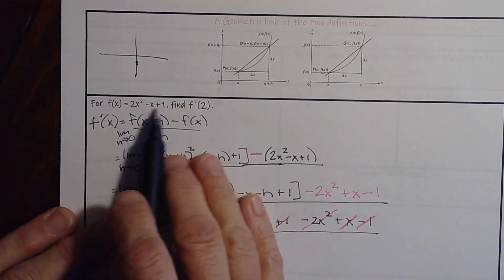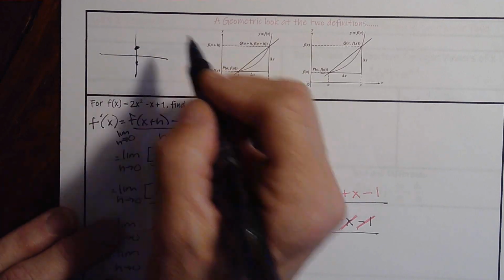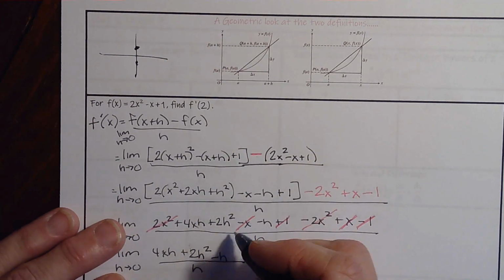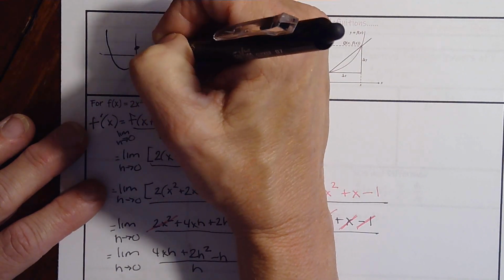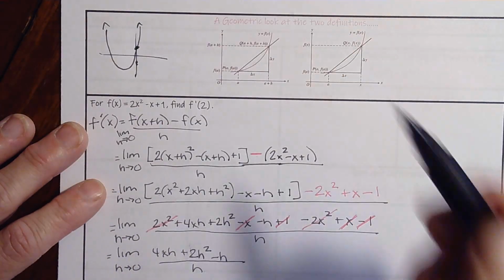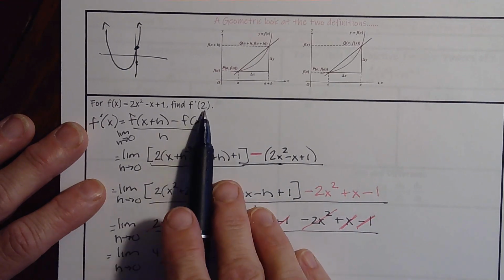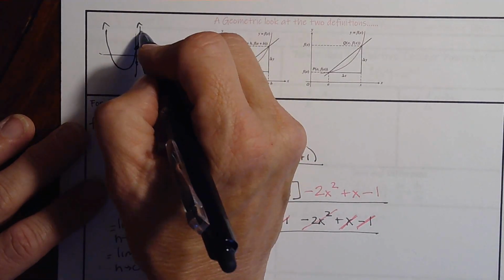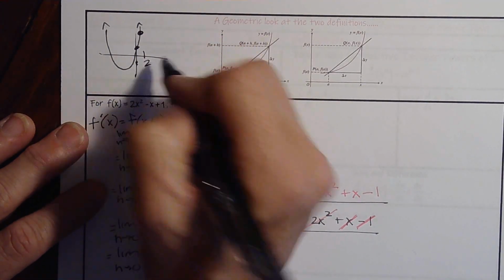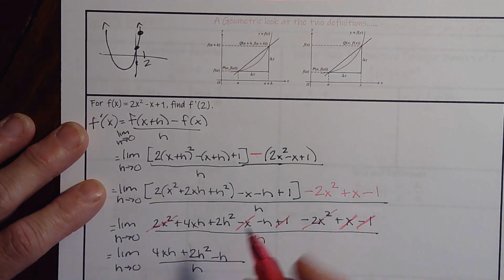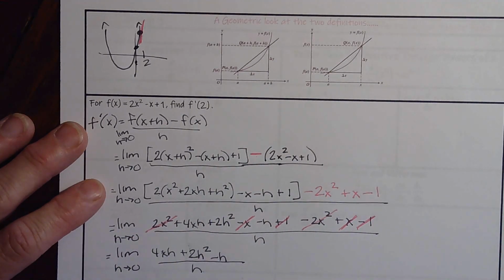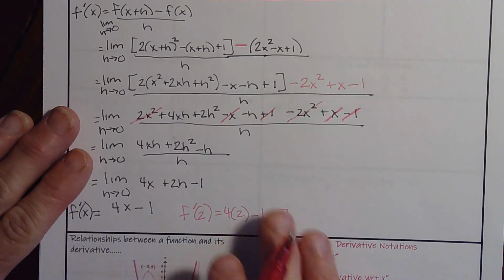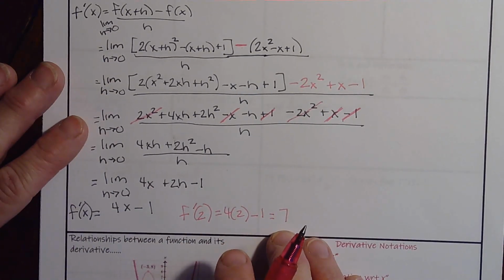It opens up, it has a y-intercept at 1. I could spend a little more time trying to figure out what the graph looks like. However, I know that at x equals 2, the slope of the tangent line is 7. That's what I just found right here. Okay?